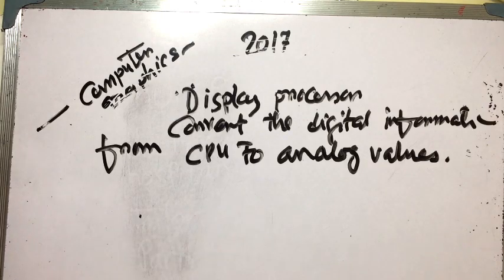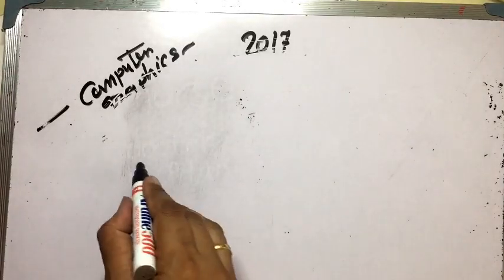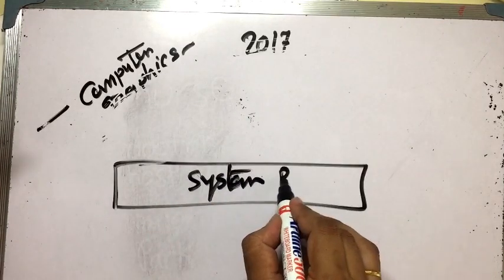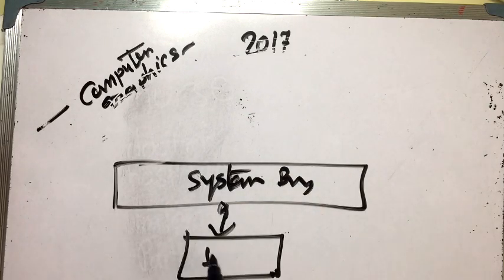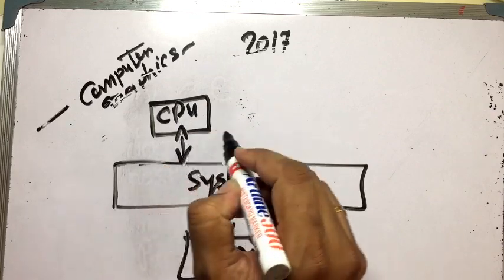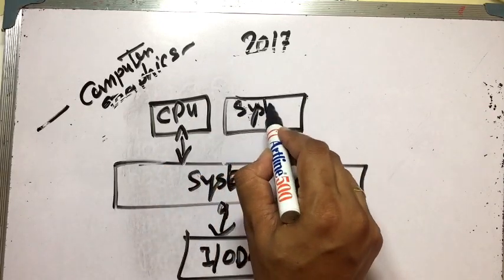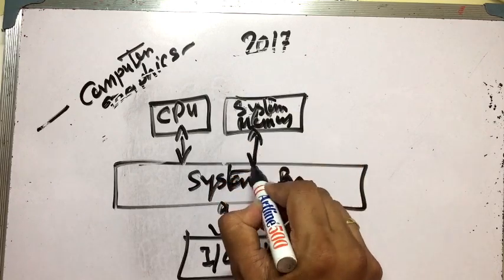There is the system bus. System bus means wires that are connected to I/O devices like monitor, printer, scanner and other I/O devices. There is a CPU which will execute the code in the system memory, where the frame buffer or system memory picture definition is stored.